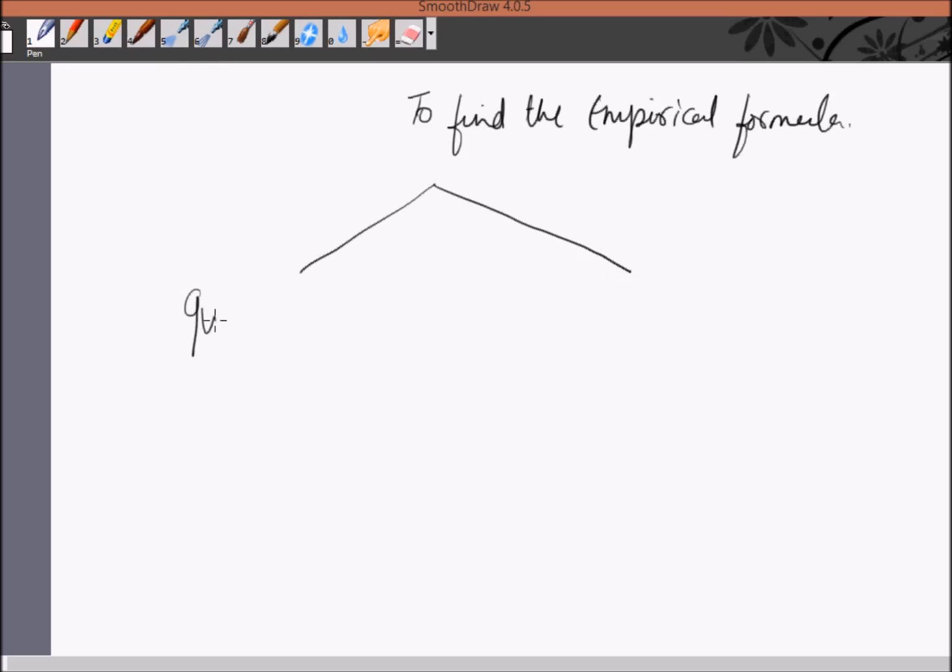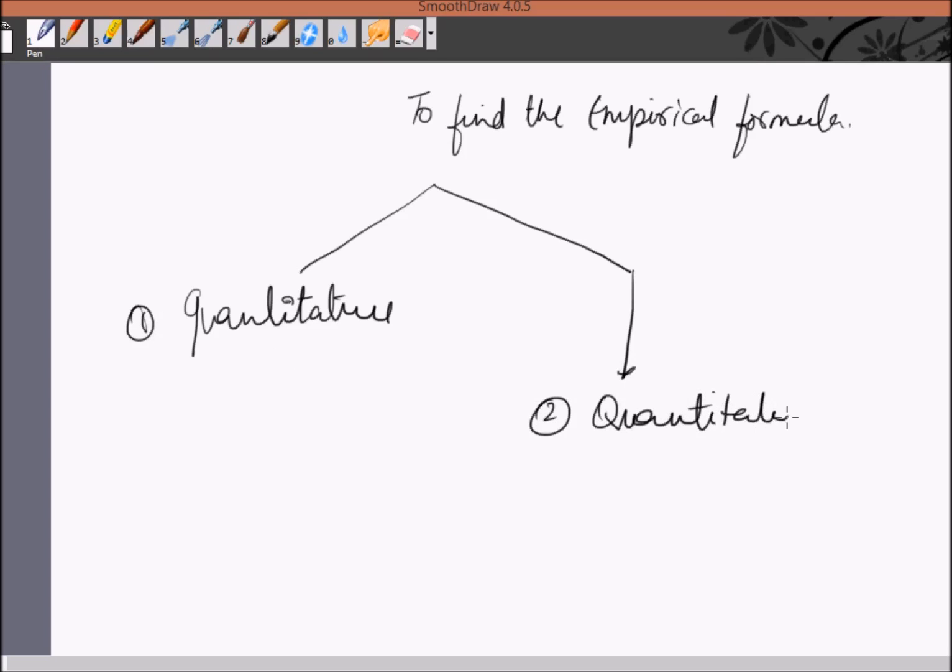That is, we have qualitative analysis. Then in second, we have quantitative analysis. So what do we do in the qualitative analysis?